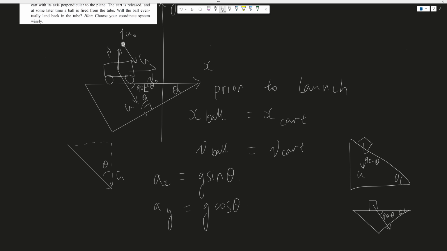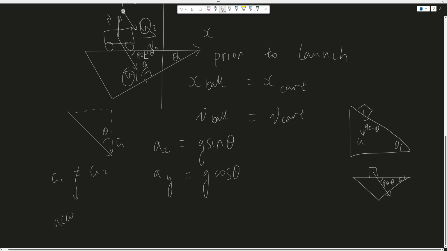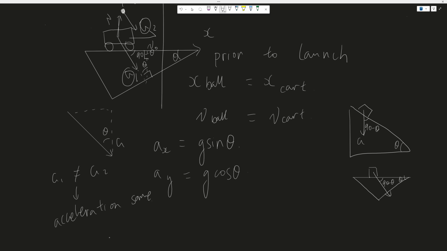Now, keep in mind that both the cart and the ball experience the same acceleration g. Although their forces are different, so although this force and this force are different, let's call this g1 and g2. Although g1 and g2 are not the same, the acceleration they bring is the same. Why? Because acceleration is just force over mass, right? And since they differ by a mass, when we divide them by mass again, they all bring the same acceleration.